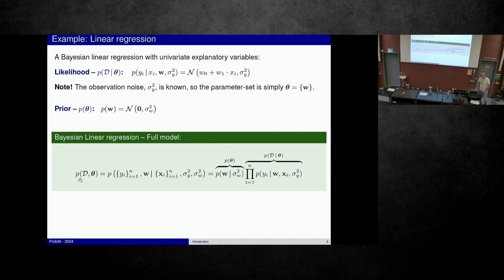Now, what can I do? Well, the joint over my data and my model, this one here, is a quantity that we will have lots of use for today. And it is straightforward to put it up. It's just the product of the likelihood and this part, and the prior, this part.